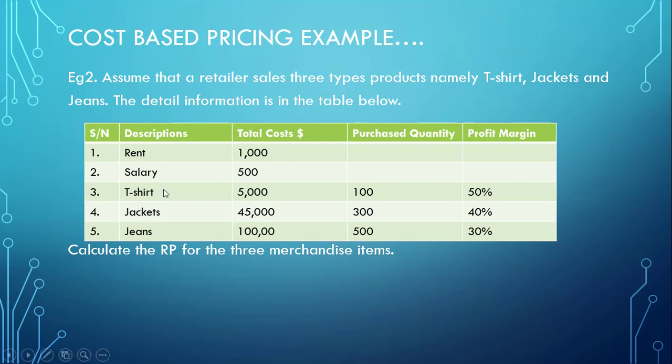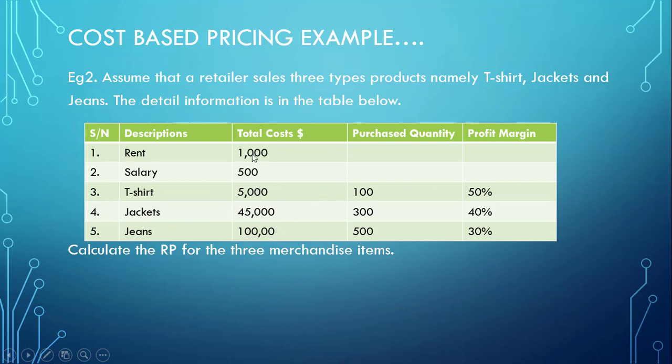Based on this, for rent, the retailer incurs $1,000, and for salary, $500. For t-shirts, when they purchase, the retailer incurs $5,000. For jackets, $45,000, and for jeans, $100,000.